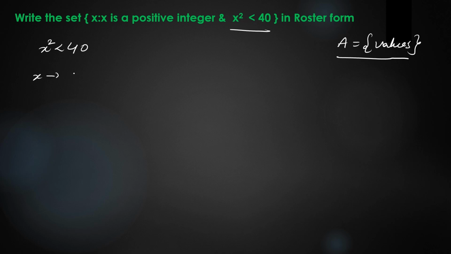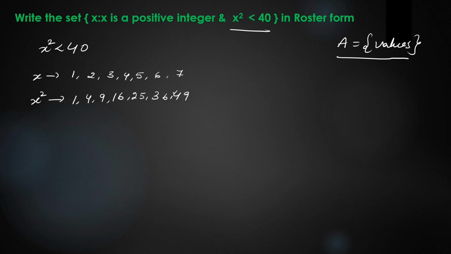So what are the x values? Can I use 1? Here I am using x square. 1 square would be 1. 2 square I'll get 4. 3 square I'll get 9. 4 square I'll get 16. 5 square I'll get 25. 6 square I'll get 36. 7 square I'll get 49.